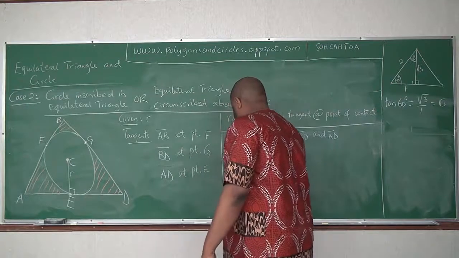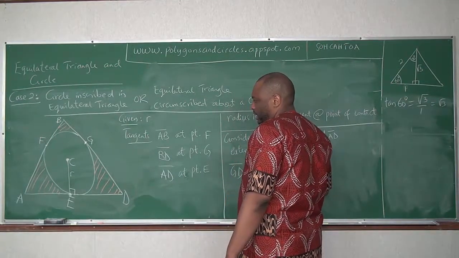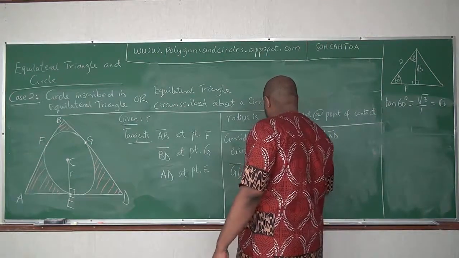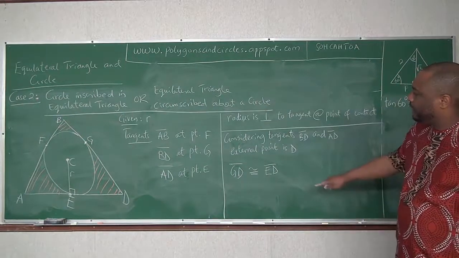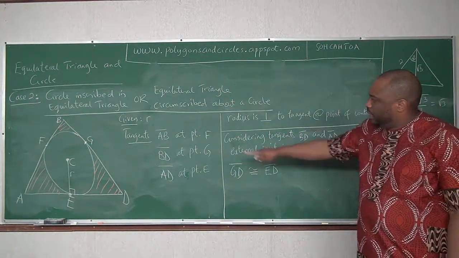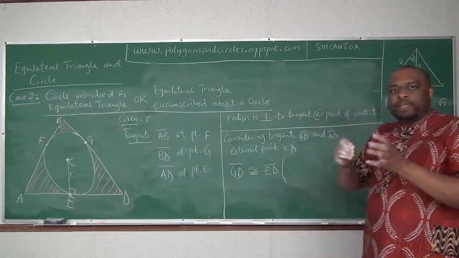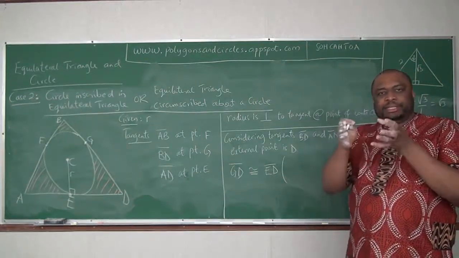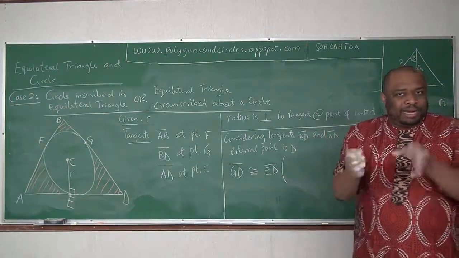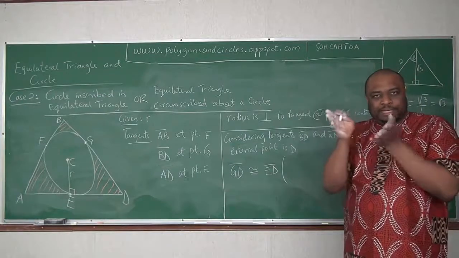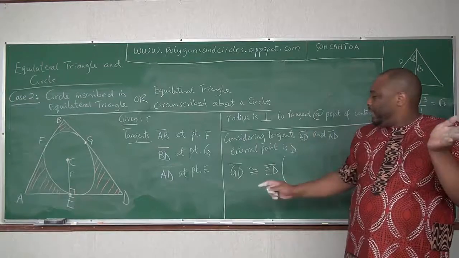Okay, GD is congruent to ED. Reason: two tangents drawn from the same external point are equal in length from their point of contact. You can write down the reason.